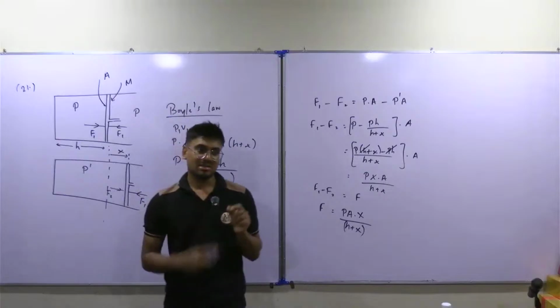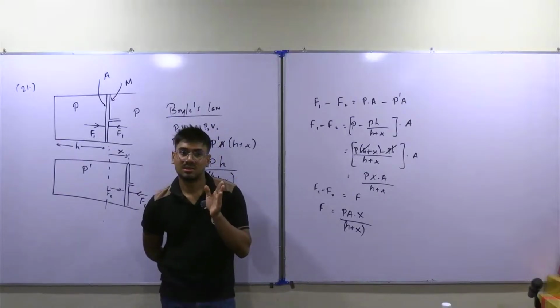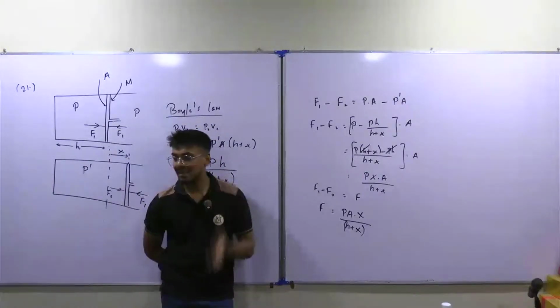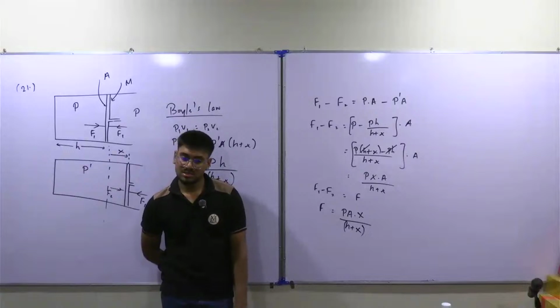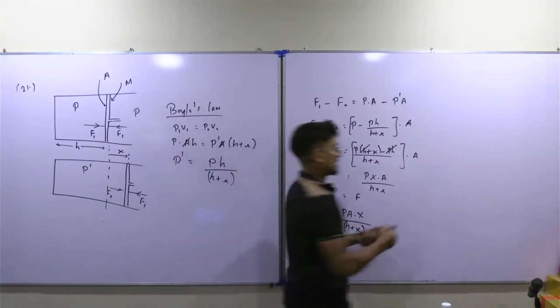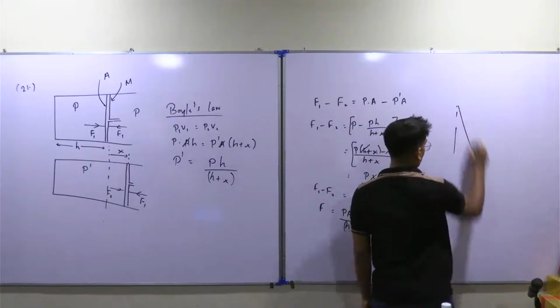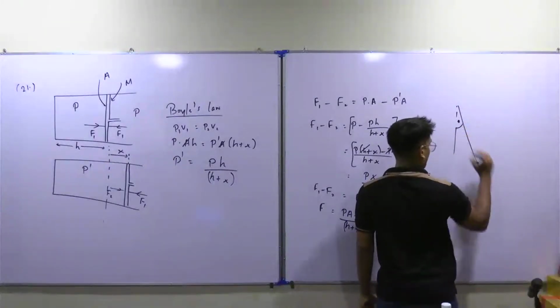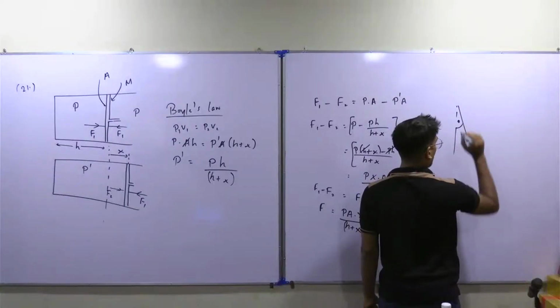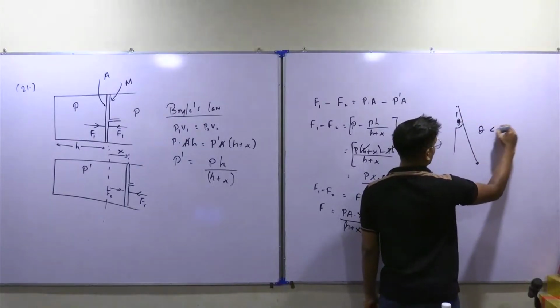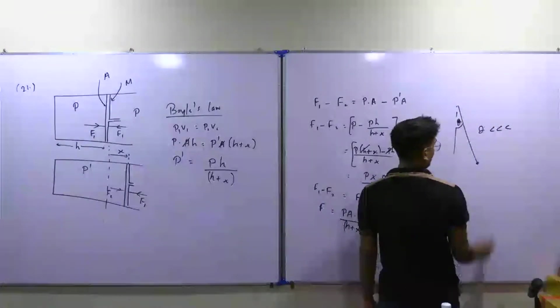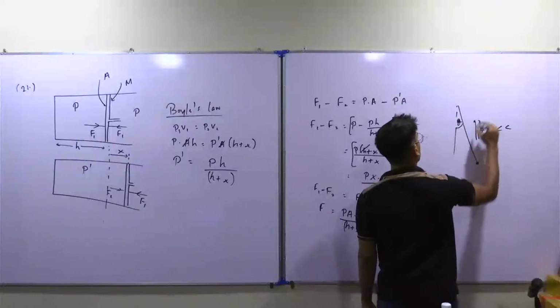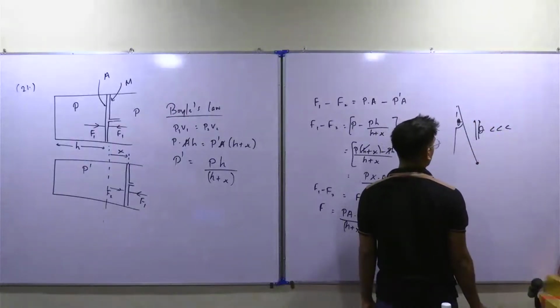If the angular displacement is greater than about 10 degrees, we cannot assume that the oscillation is simple harmonic. Let's say this is a simple pendulum, right? This angle is theta. The motion becomes simple harmonic only when this theta is very small, right? If this theta is large, we cannot assume the oscillation as a simple harmonic motion.